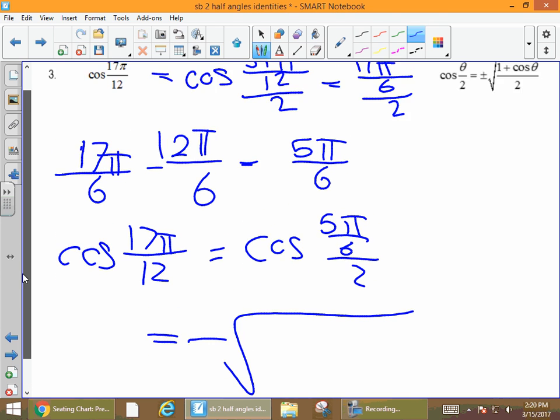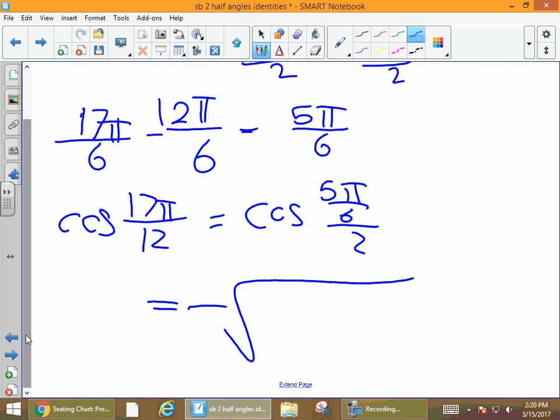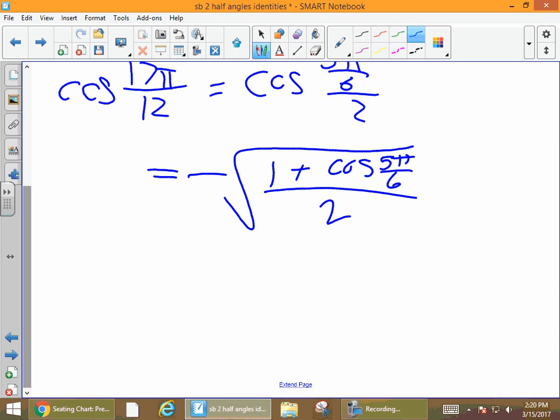And then if we look back at our formula, up top, it says 1 plus cosine of theta over 2. So we're going to take 1 plus the cosine of 5 pi over 6, all divided by 2. That's our half angle identity for cosine.